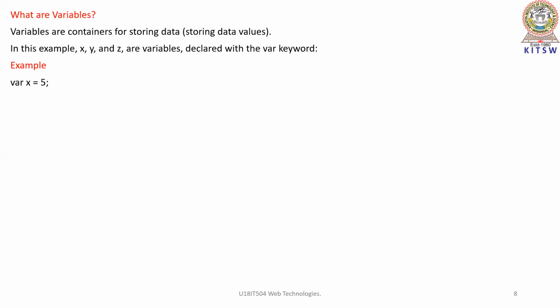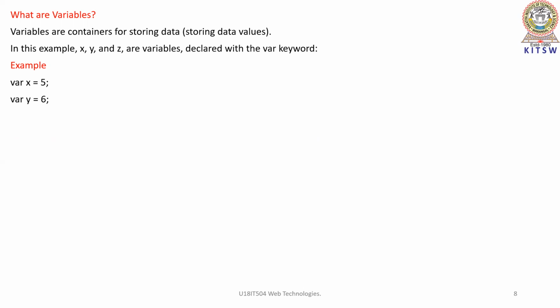In the first case, x equal to 5. Here we are declaring and initializing a variable in JavaScript, where x is a variable. We are storing the value 5 inside it. This is declaration and initialization of a variable in JavaScript.